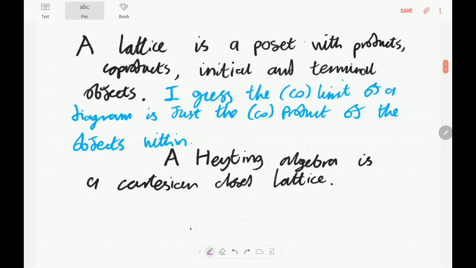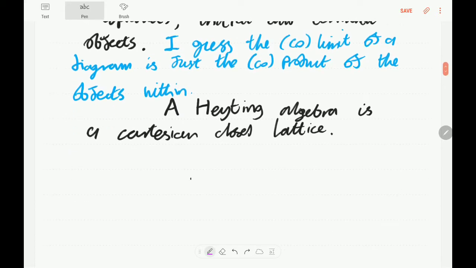I guess in the case of a lattice, the limit or co-limit of a diagram is just the product or co-product of all the objects within that diagram. Anyway, a Heyting algebra is a Cartesian closed lattice.